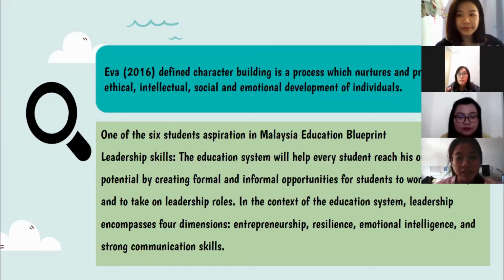The education system will help every student to reach his or her full potential by creating formal and informal opportunities for students to work in teams and to take on leadership roles. In the context of the education system, leadership encompasses four dimensions, which are entrepreneurship, resilience, emotional intelligence, and strong communication.